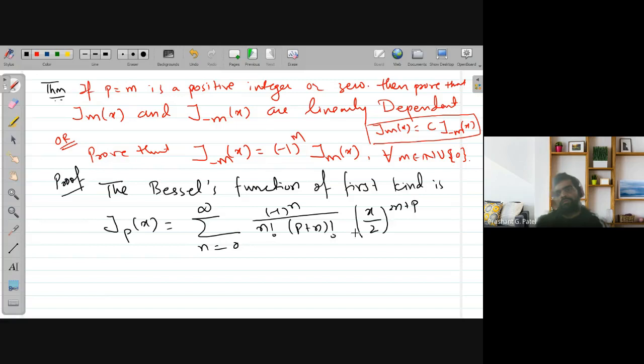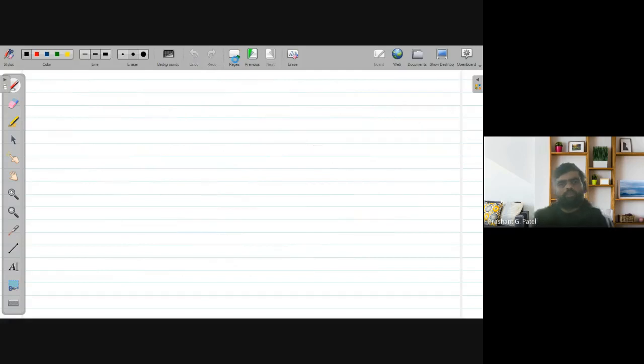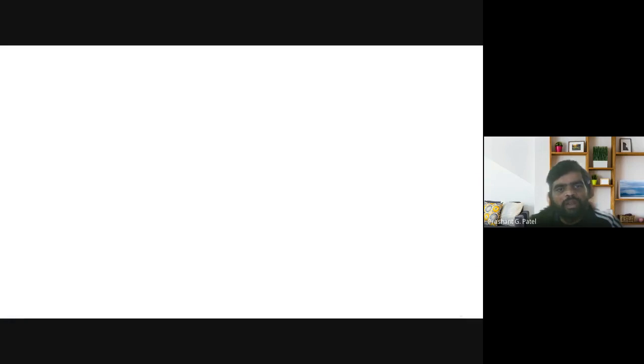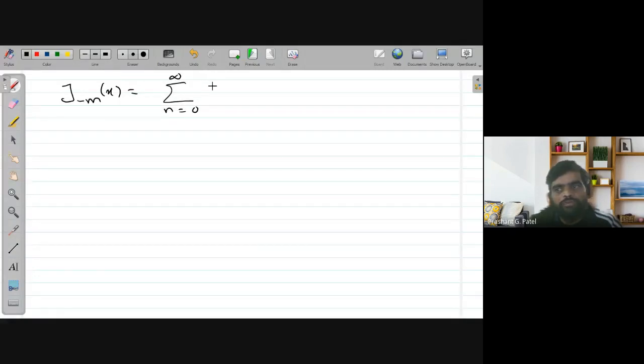Now let p equal to minus m, where m is a positive integer and or 0. Then this J_{-m}(x) can be written as summation n running from 0 to infinity (-1)^n upon n factorial into (-m plus n) factorial, (x by 2) power 2n minus m.